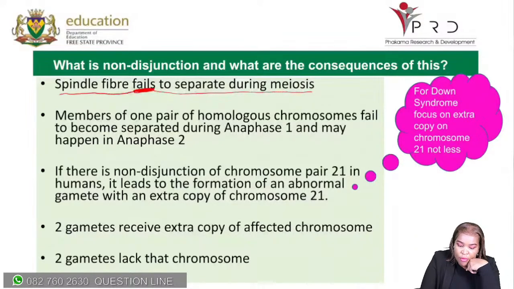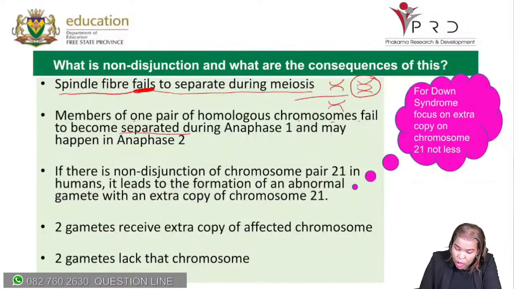Then members of one pair of homologous chromosomes fail to become separated. So when they were supposed to go like this, they are like this. They failed to separate when they were supposed to separate like this.